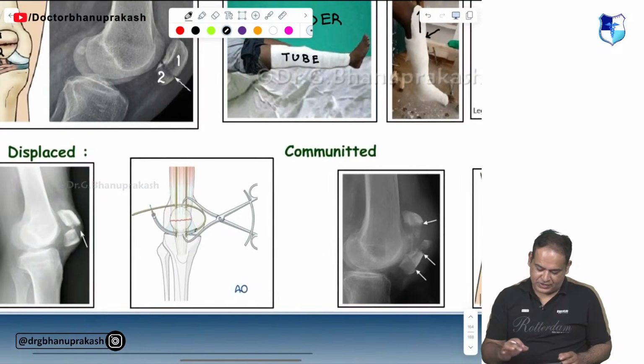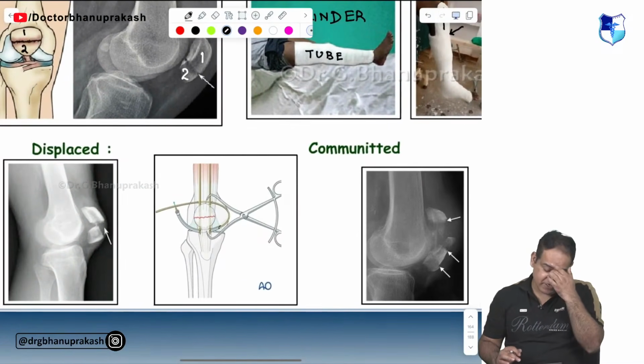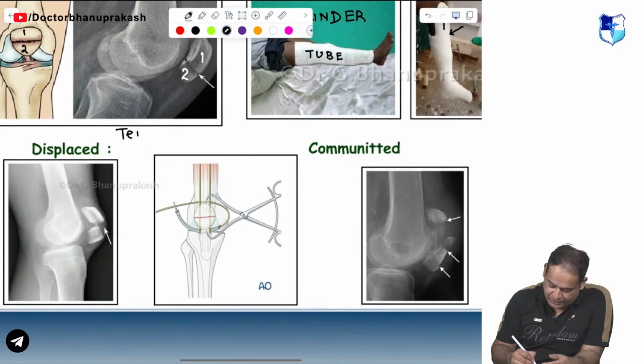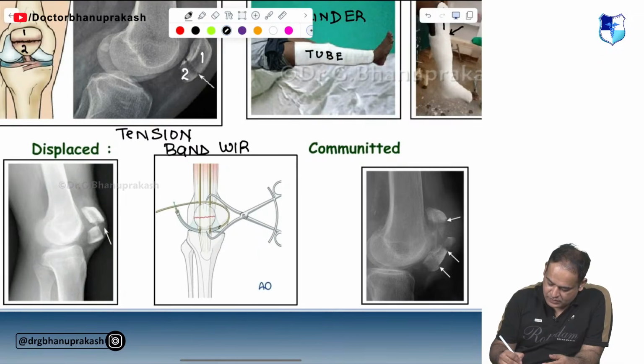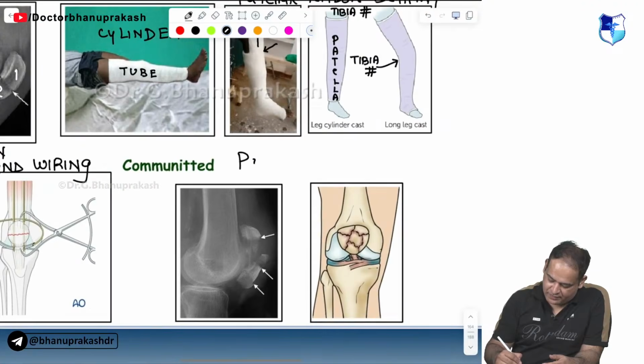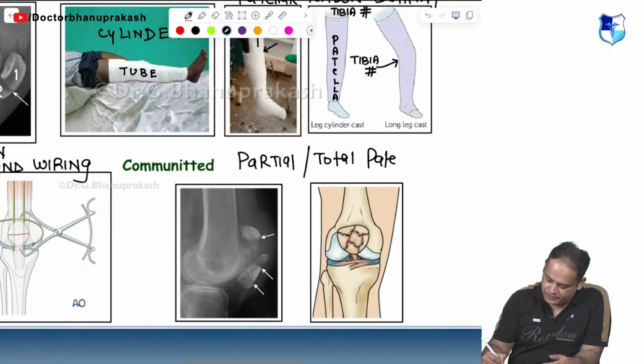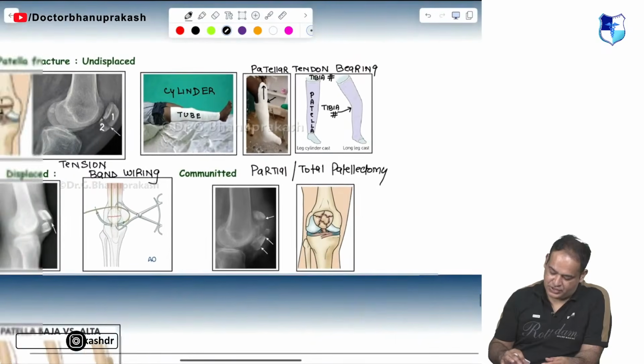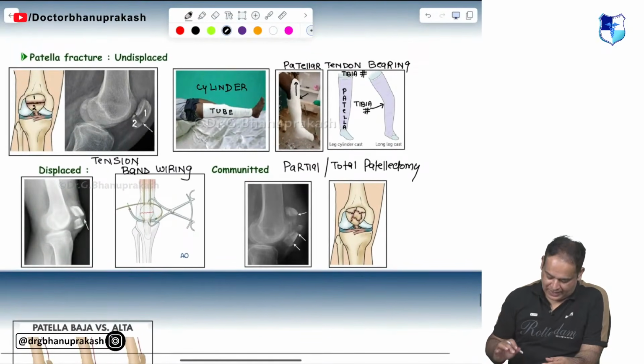Now, patella fracture, if it is displaced, what is the treatment? Tension band wiring. If it is comminuted, then what you can do? Partial or total patellectomy.